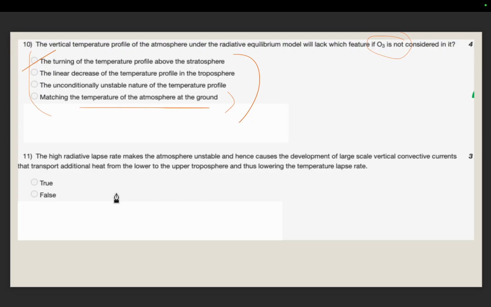Hence, it causes the development of large-scale vertical convective currents that transport additional heat from the lower to the upper troposphere, and thus cause a lowering of the temperature lapse rate. Is this statement true or false?